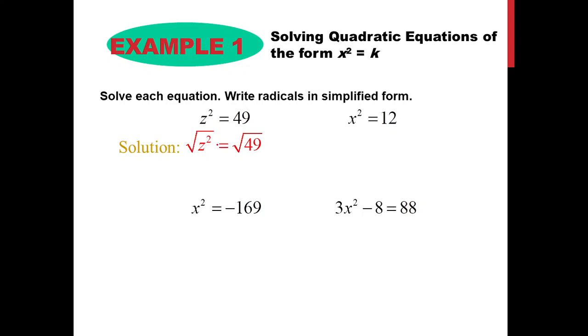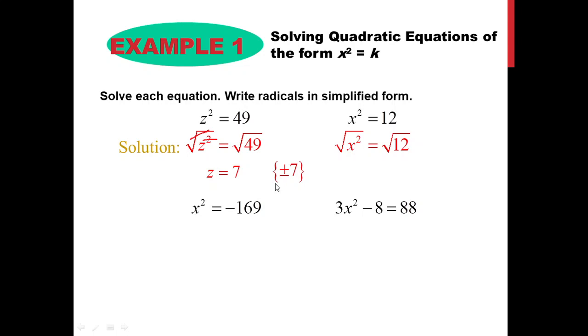Now with this, we can eliminate the exponent 2 and the radical sign, leaving us with z is equal to 7, because the square root of 49 is 7, since 49 is a perfect square, giving us the final answer z is equal to plus and minus 7.